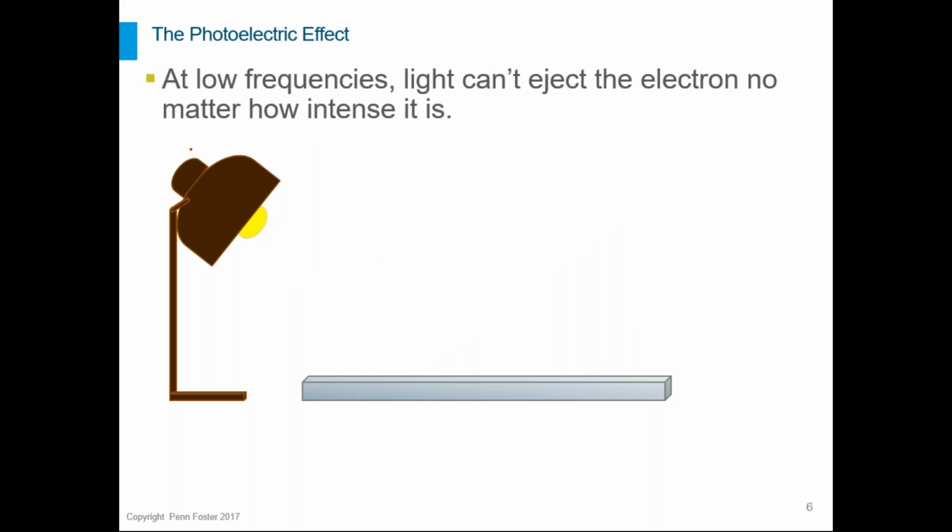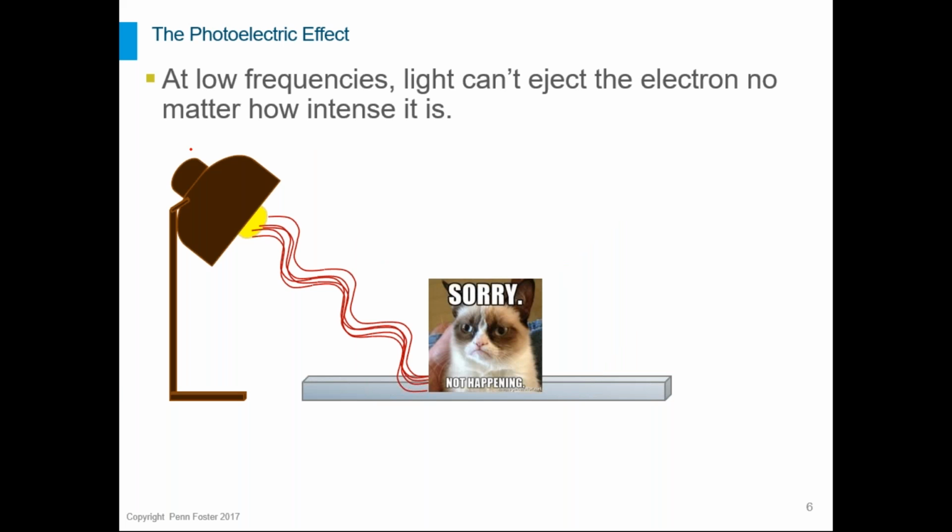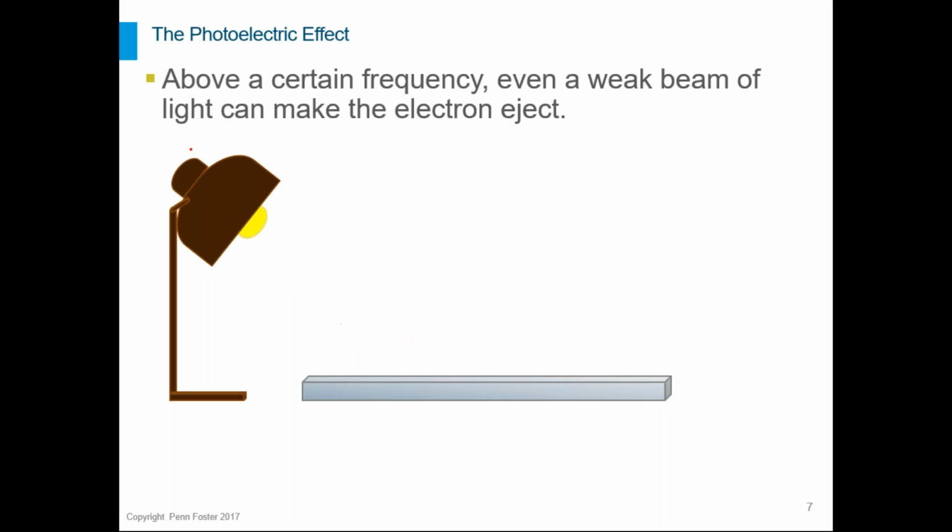At low frequencies, and that's what this slide is, at low frequencies, we apply some light, nothing happens. We keep applying more light and nothing happens. No matter how intense we make the light, if we don't change that frequency to get higher, no electron moves.